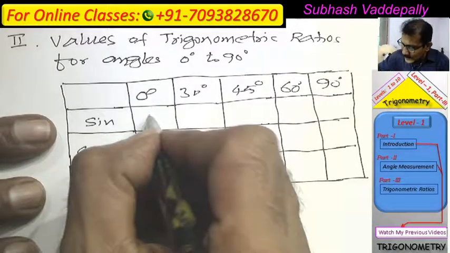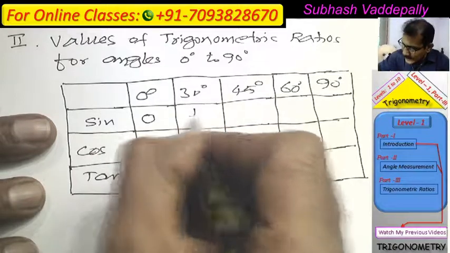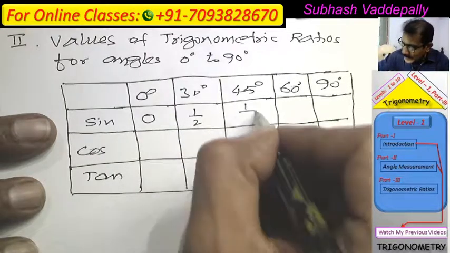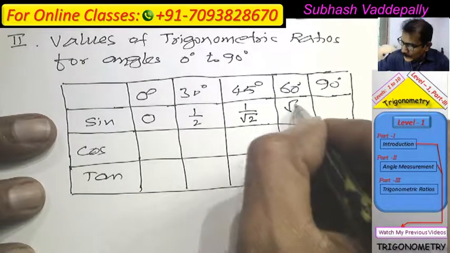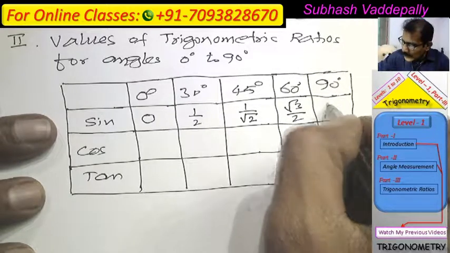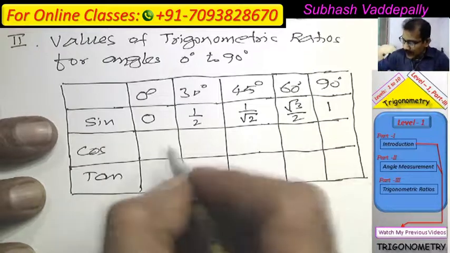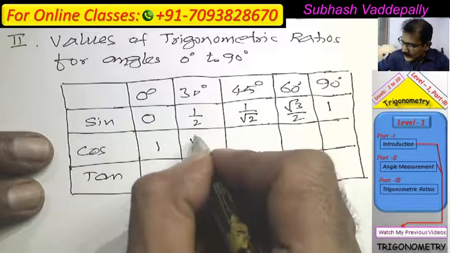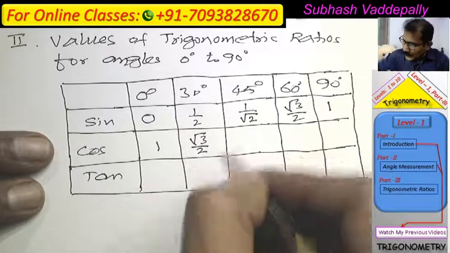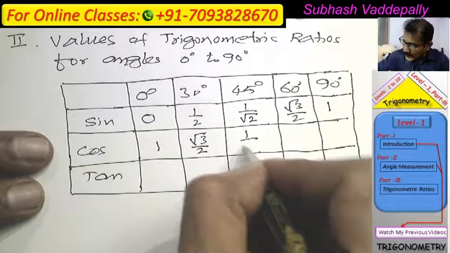So sine 0 will be 0, sine 30 will be 1 by 2, sine 45 is 1 over root 2, sine 60 is root 3 divided by 2, sine 90 is 1. And then cos 0 is 1, cos 30 is root 3 divided by 2, and cos 45 is 1 by root 2.